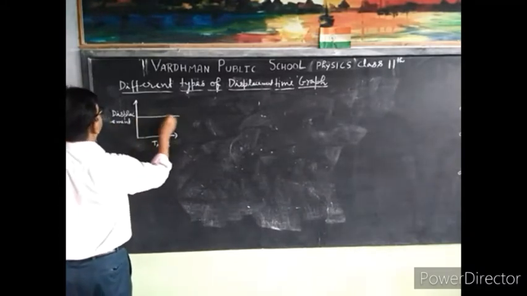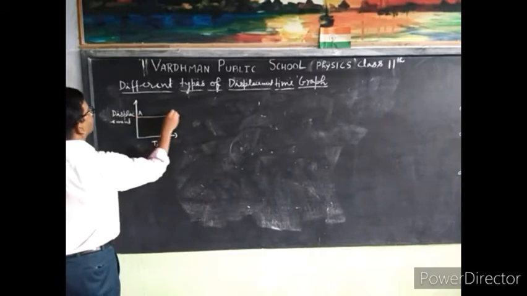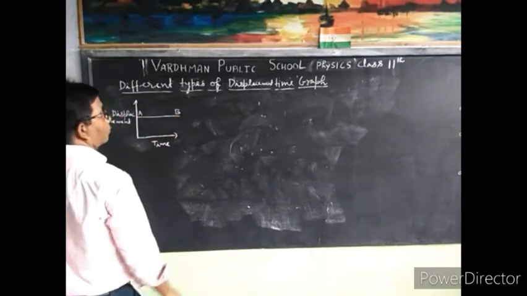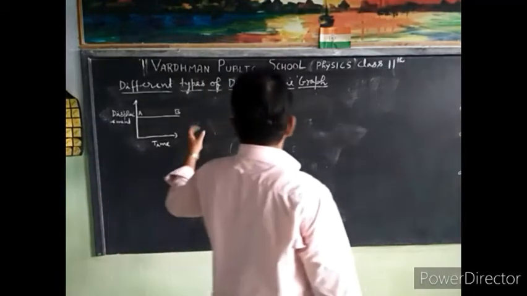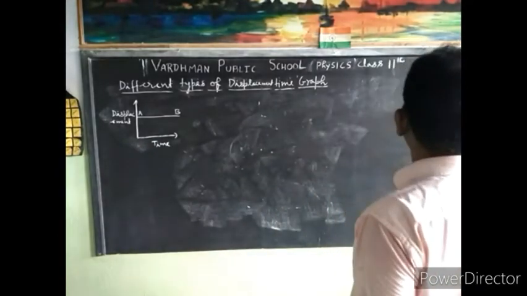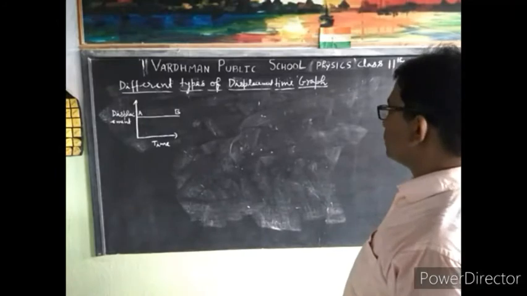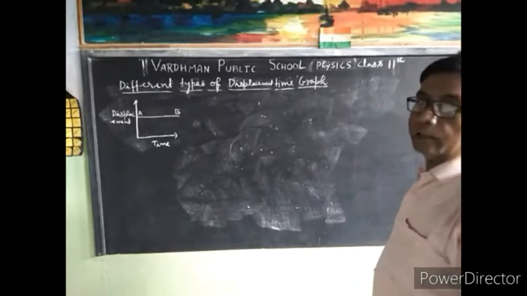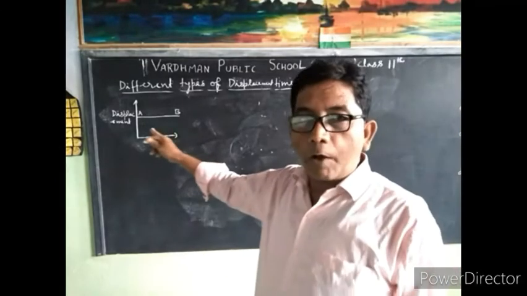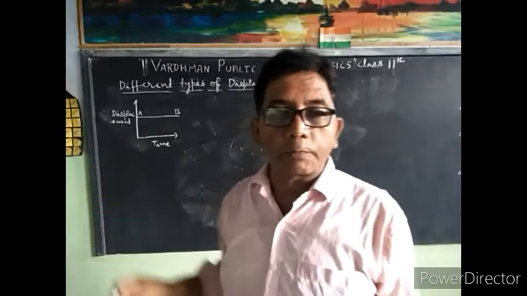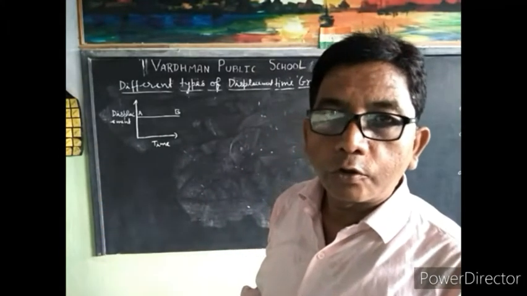Now for a body at rest, the slope of AB is 0, therefore the velocity is also 0.